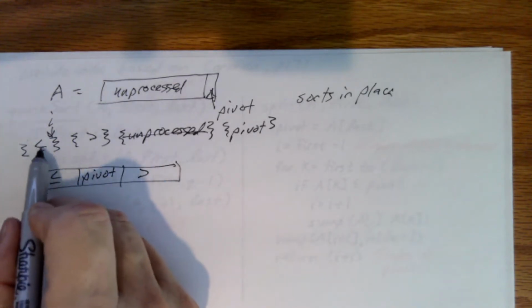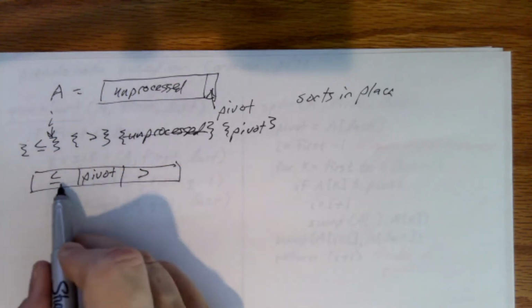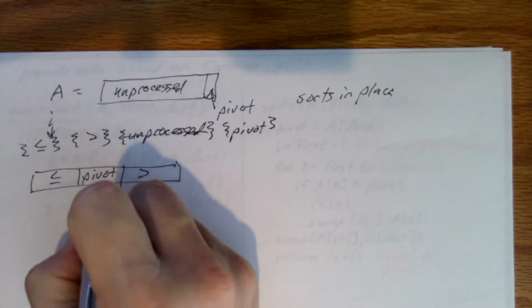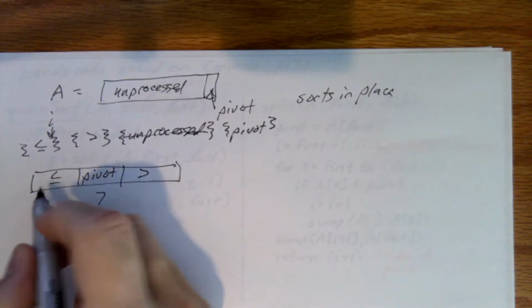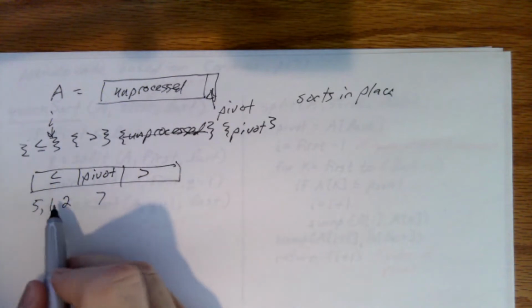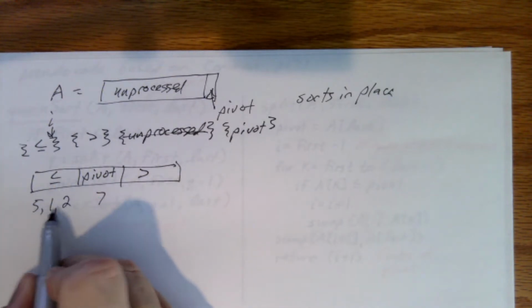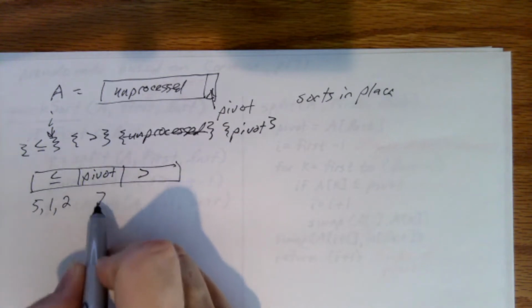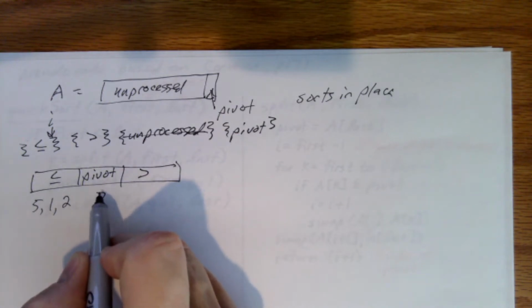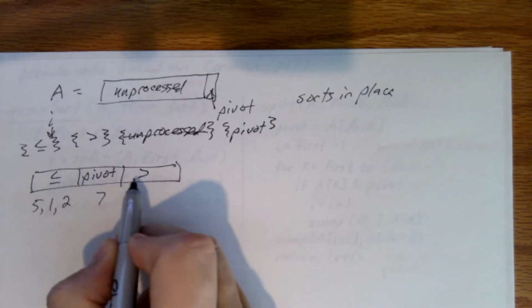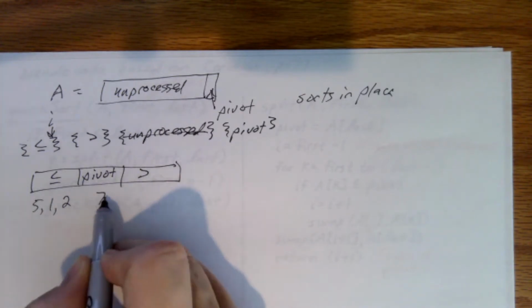Well, if I know that there's three elements less than or equal to the pivot, and let's say the pivot, for example, was 7, and these three elements are 5, 1, and 2, in some order. The order doesn't matter. But if I know there's three elements here, then the 7 has to be in the 4th position, right? And these have to be after the 7. It doesn't matter what their actual values are as long as I know they're greater than 7.